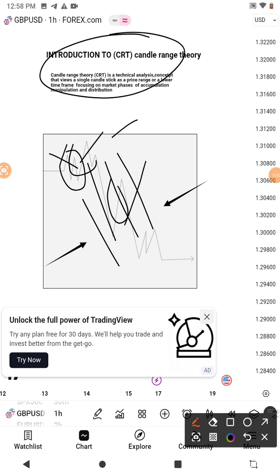Accumulation, manipulation, distribution. Accumulation, let me repeat myself again. Price consolidates, building up liquidity before a move. Manipulation, smart money triggers stop losses by pushing price beyond an established high or low to gather liquidity. When they say high or low, that means vice versa, either in a bullish trend or in a bearish trend.